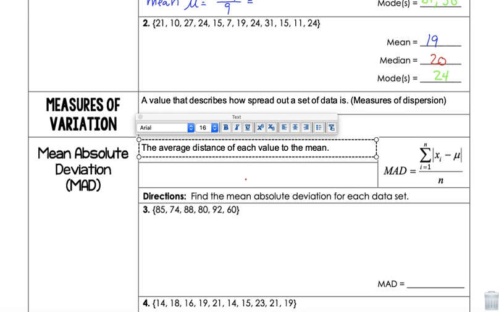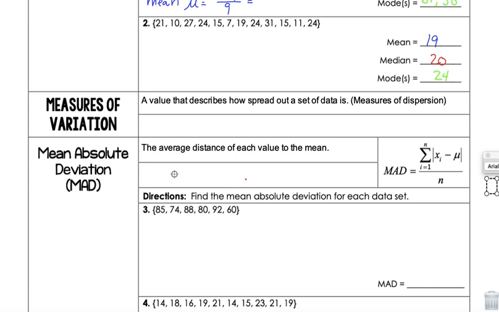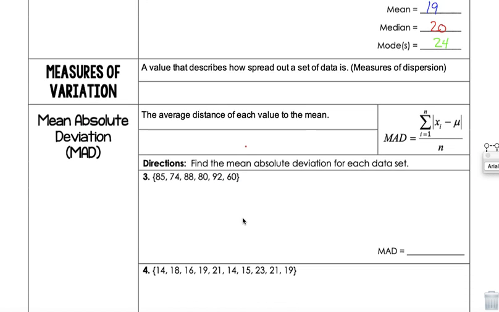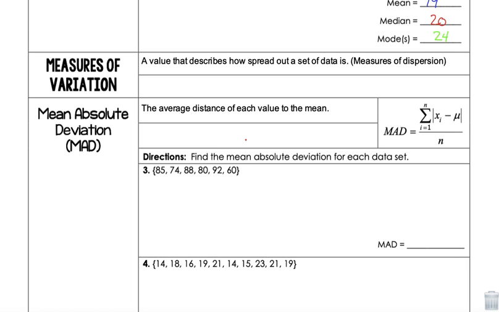So in order to find this, the mean absolute deviation value, the MAD, you need to have the mean for your data set. So let's start there. The mean, when I add all these up, should be 479 divided by 5.